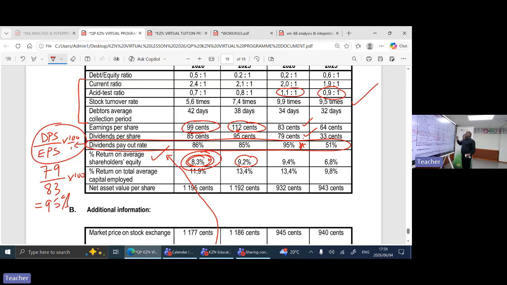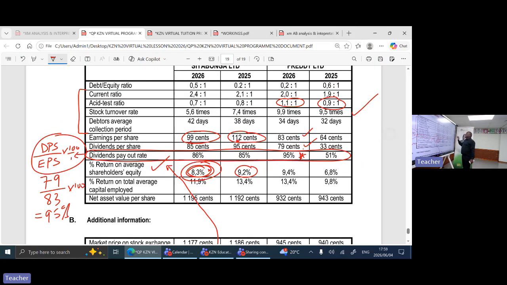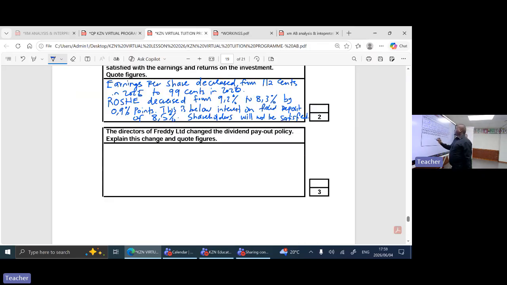Now, in 2025, the dividend payout rate was 51%, and in 2026, it was increased to 95%. So we comment on the dividend payouts.